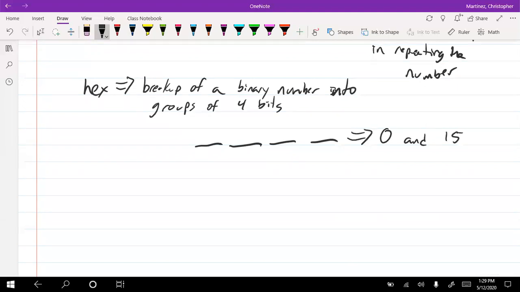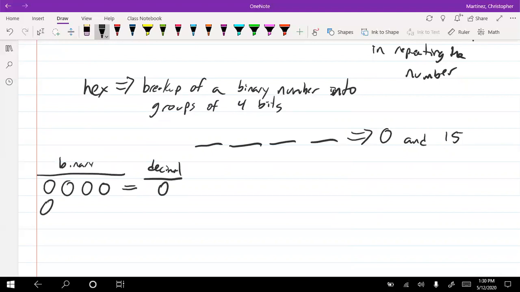So I would have 0, 0, 0, 0. So this is binary. And let's say, what does that add up to in decimal? That adds up to a 0. 0, 0, 0, 1. That's a 1 in decimal. 0, 0, 1, 0.